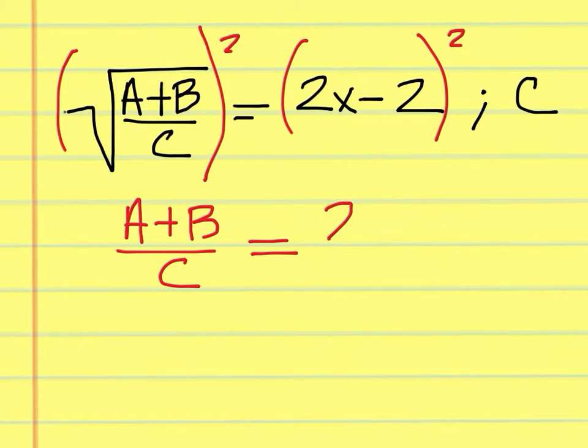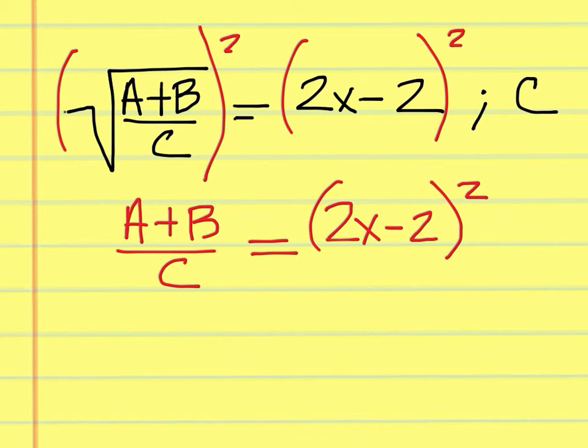On the right, you have the quantity squared of 2x minus 2. There is no need to multiply that out to come up with a trinomial of 4x squared, and so on. You can just leave it as a quantity squared. But now to get the c closer to being by itself, we need to get it out of that denominator.